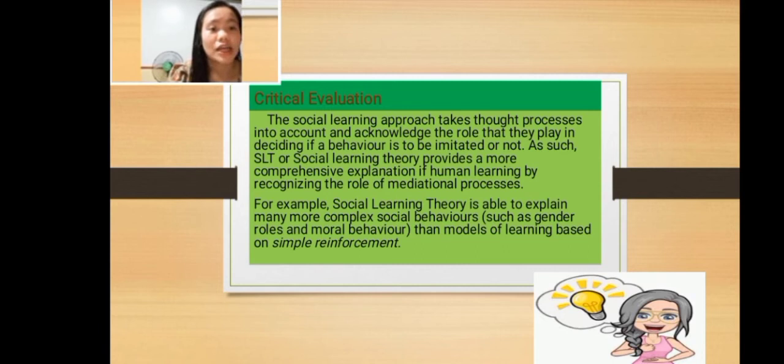As such, SLT or social learning theory provides a more comprehensive explanation of human learning by recognizing the role of mediational processes. For example, social learning theory is able to explain many more complex social behaviors, such as gender roles and moral behavior, than models of learning based on simple reinforcement.